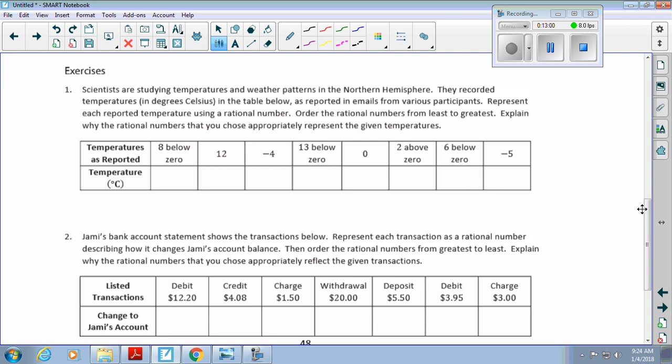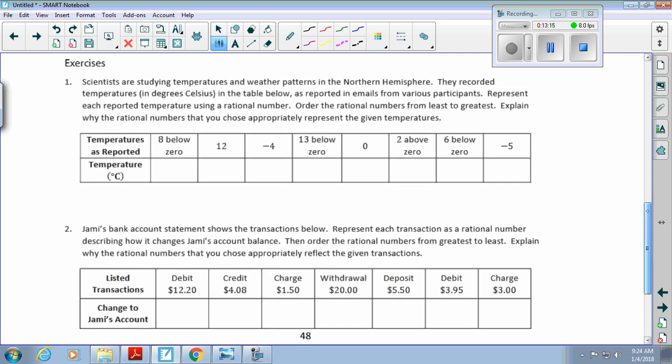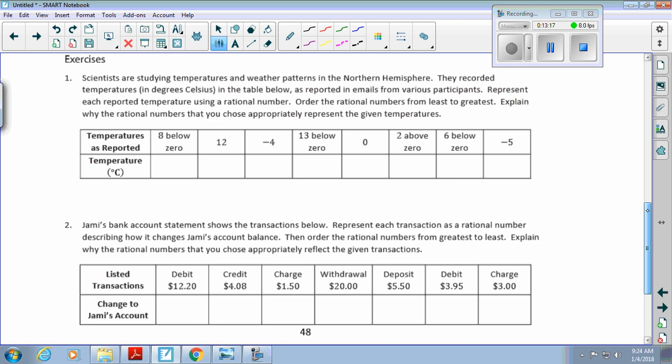Okay, so we've talked about temperatures before. In question 2, it's talking about a bank account and whether money's going into the account or leaving the account. And later on, there are some other examples. But we're going to look at number 1 together.